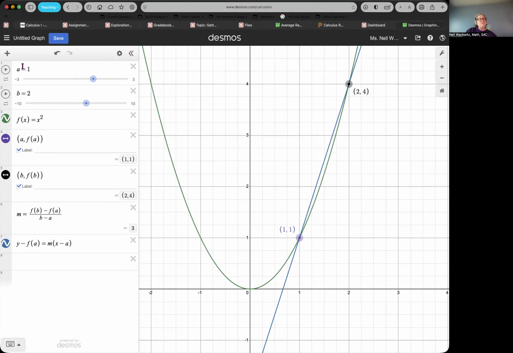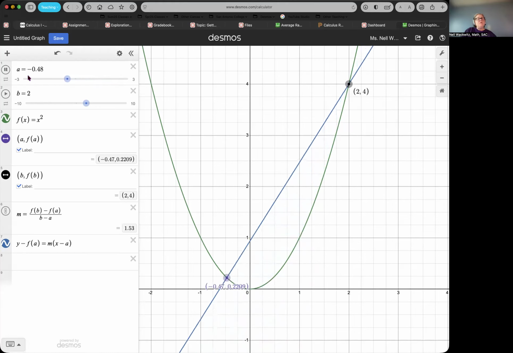Excuse me. We're going to tap on this. Moment, por favor. We're going to tap on this triangle to the left of A equals 1. And that is going to let A move between -3 and +3.